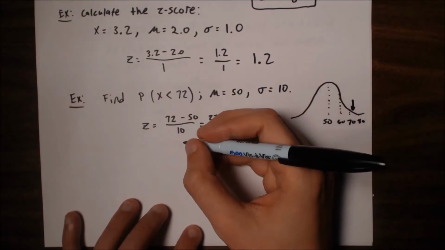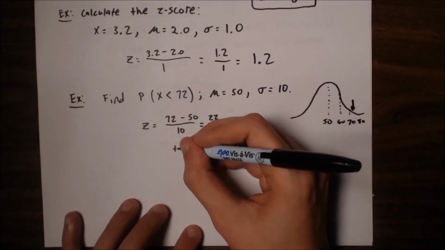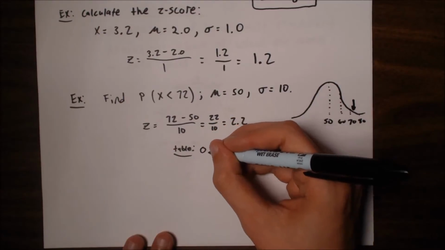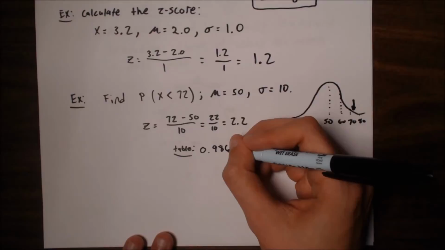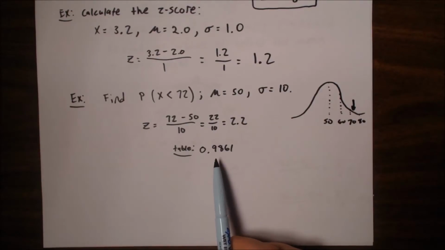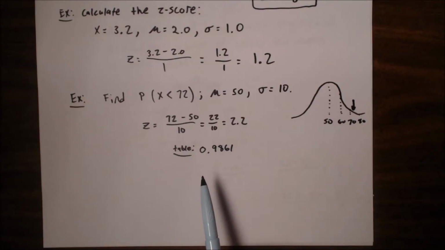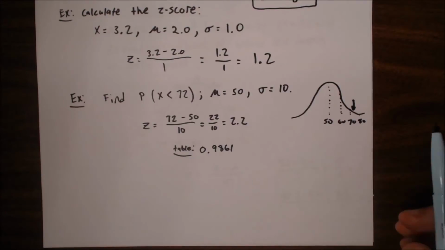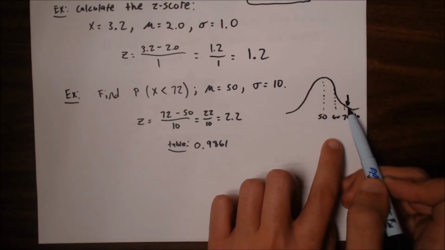Okay, so my z-score tells me, for my table, 0.9861. What this means is that 98.61% of the data is going to be found to the left of that point. Now that makes sense if you look at the curve. We're right over here.